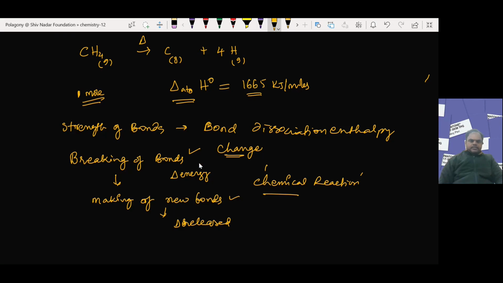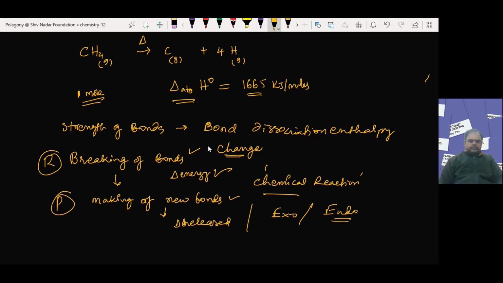During a chemical reaction, in the reactants breaking of the bonds takes place, and in the products making of the new bonds takes place. If the energy released is greater than the energy absorbed, then that reaction is said to be an exothermic chemical reaction. If the energy absorbed is greater than the energy released, it is said to be an endothermic chemical reaction.